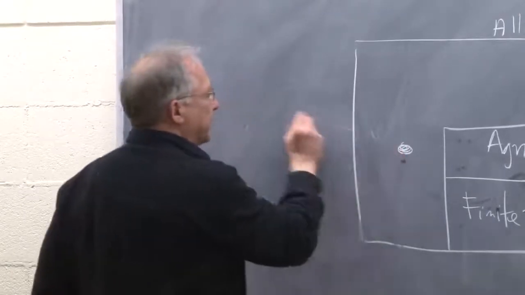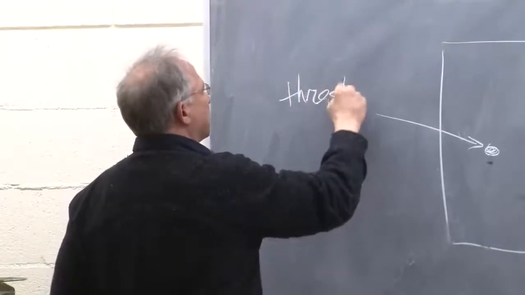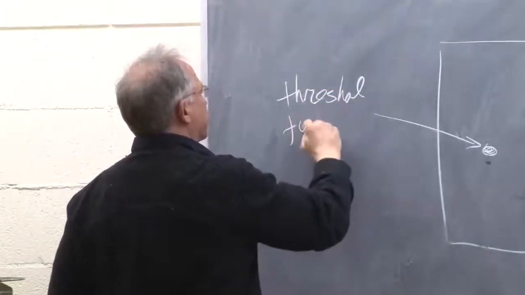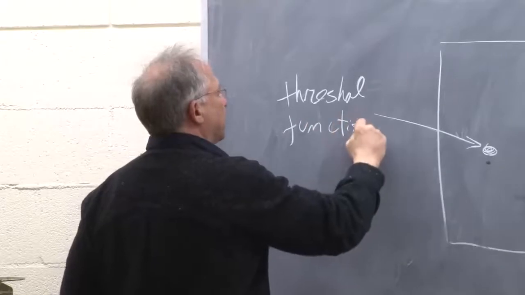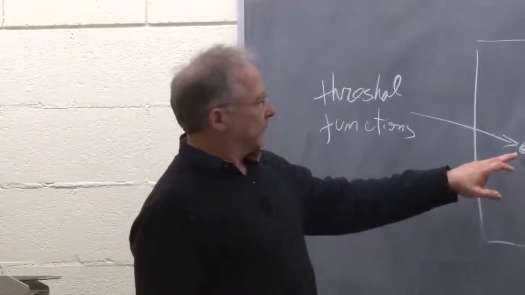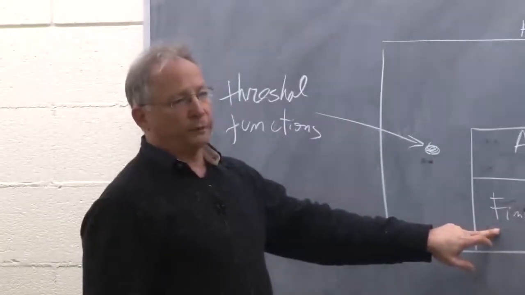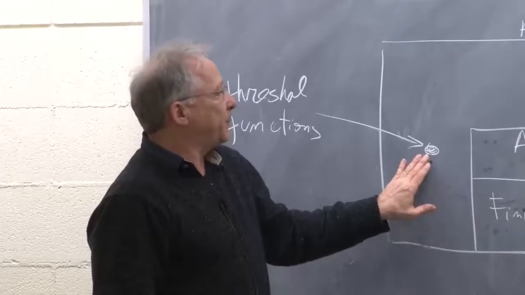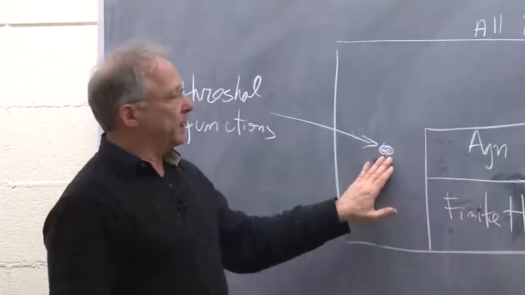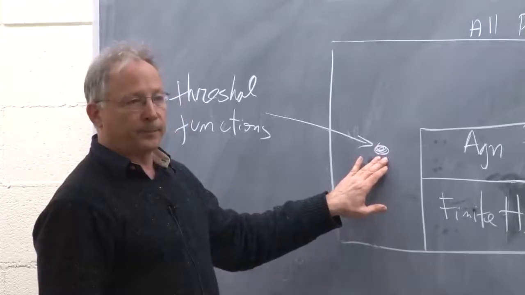This is the class of threshold functions. So we know that there are classes which are learnable, although they are not finite. We know at least that it's PAC learnable. We haven't discussed whether it's agnostic PAC learnable.